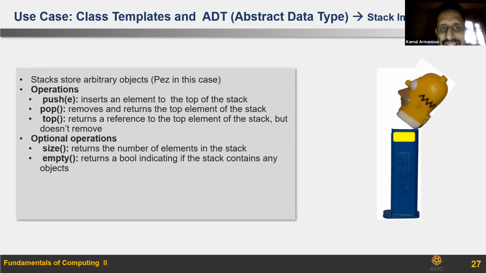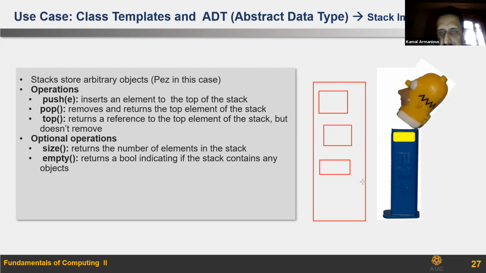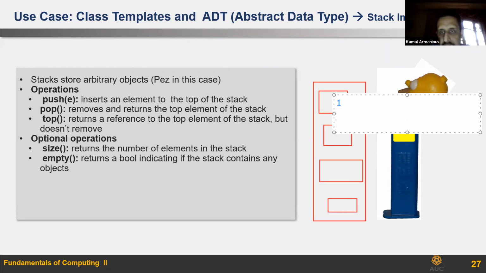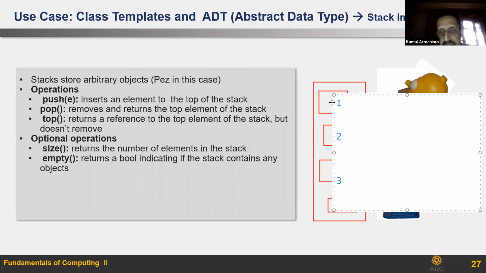If the stack contains some elements, let's see, 1, 2, 3, 4, and I want to execute the function called top, it will give me the value 1 without popping it. So it always retrieves the value at the top of the stack.